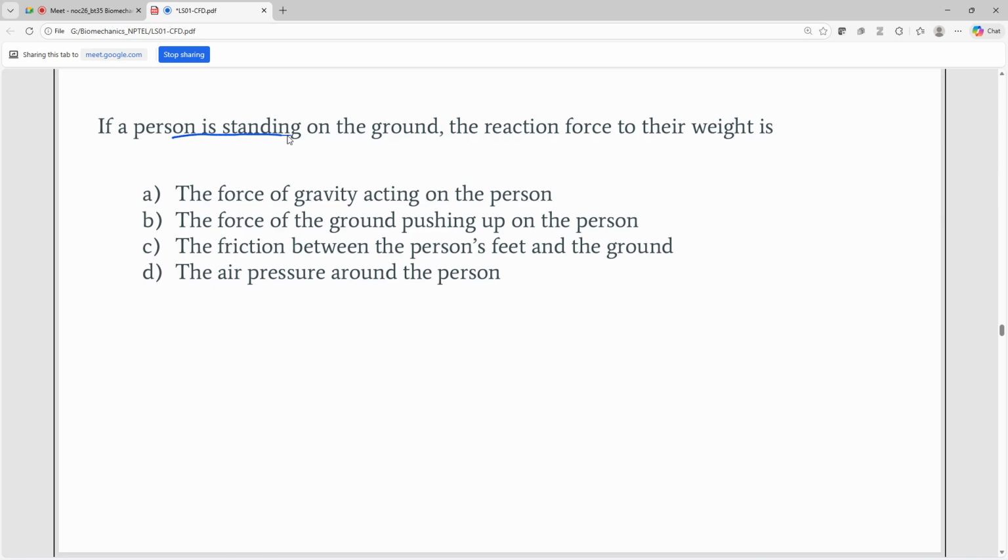So the question is, a person is standing on the ground, and what is the reaction force to their weight? What is the reaction force acting against the weight of a person standing on the ground? Options are the same as before.